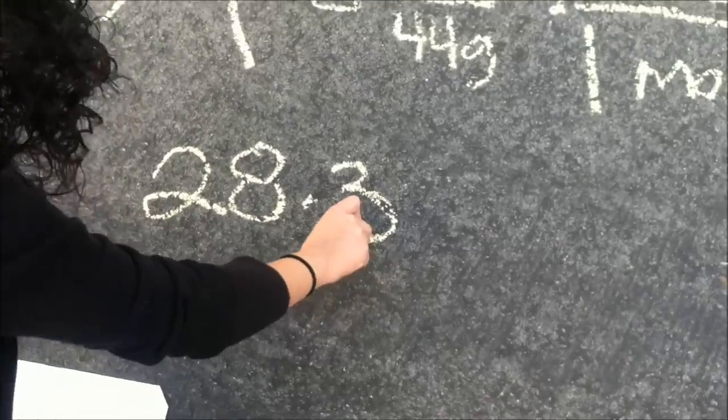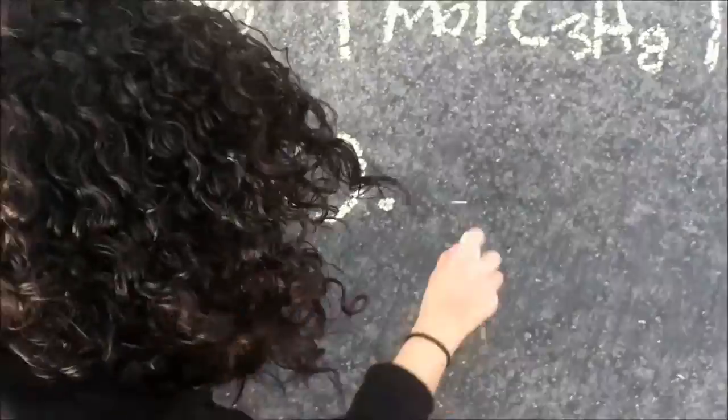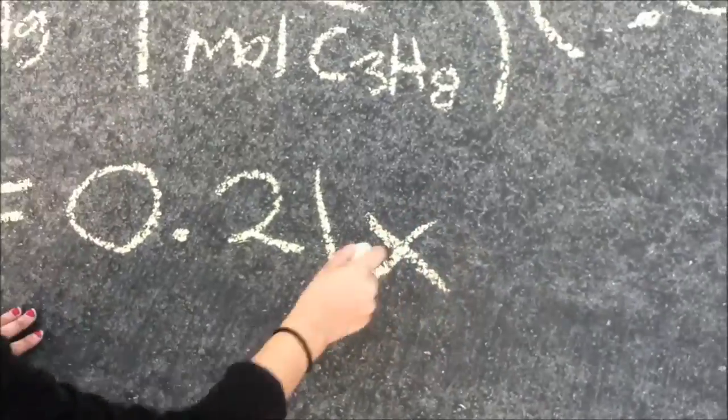You then get 283 is equal to 0.21x. You isolate x and you get 135 liters.